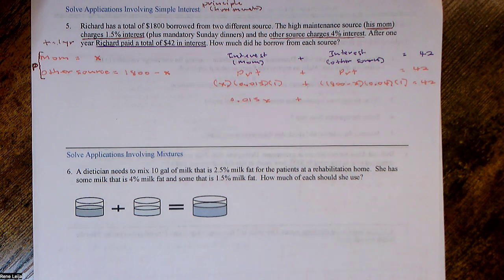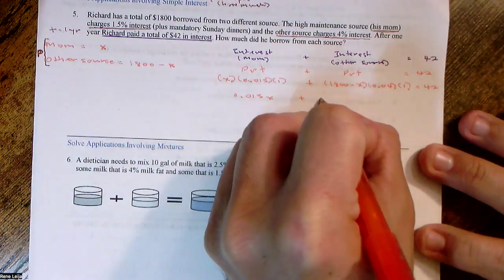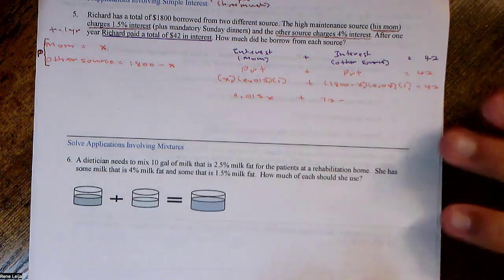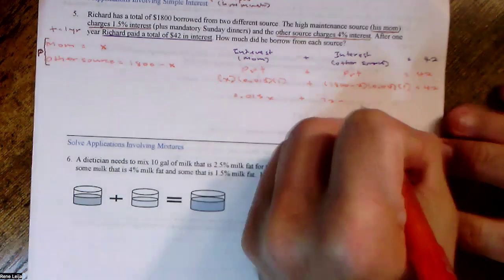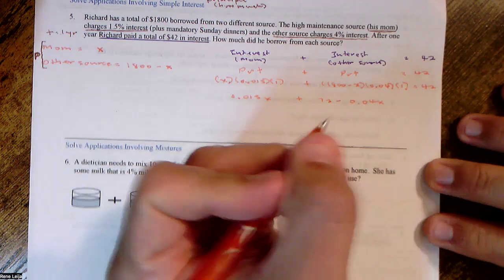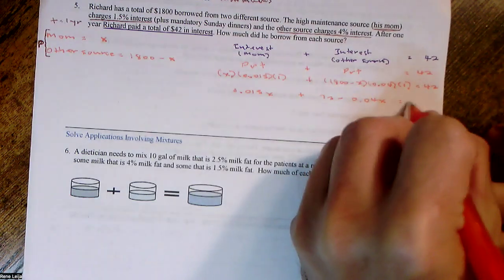So I'm going to multiply 0.04. I'm going to distribute to the 1800 times 1800, and that gives us 72 minus, and then 0.04 times x is just that, 0.04x equals 42.